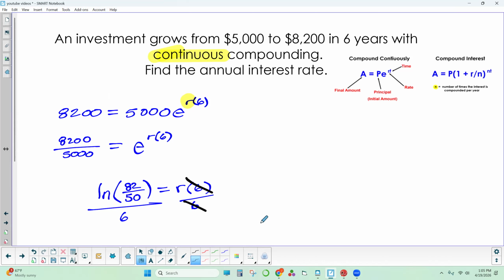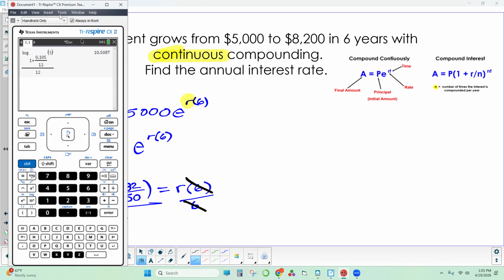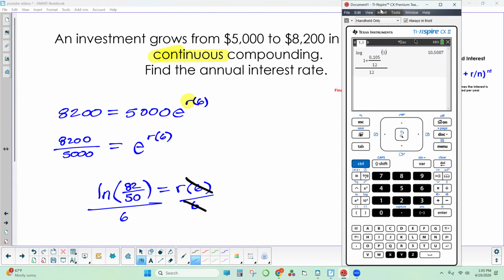All right, so let's pull up our calculator here. And we've got, let's see, natural log of 82 over 50 divided by 6. All right.